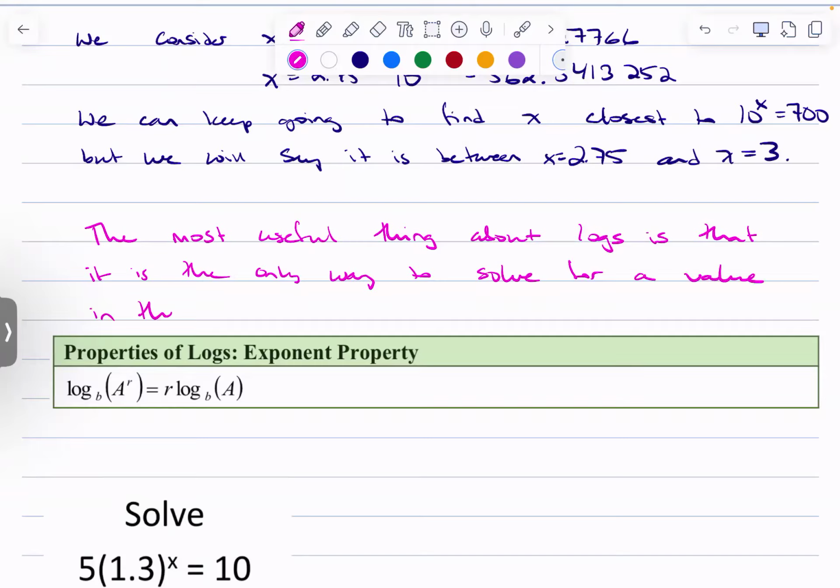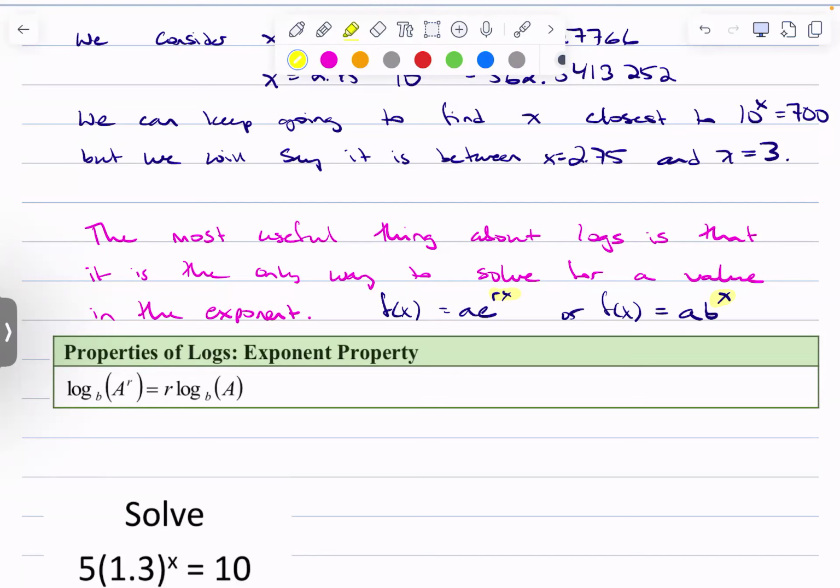You have something like f of x is a times r to the x. How are you going to solve for this x? Or f of x is a times e to the x. How are you going to solve for this thing in the exponent?